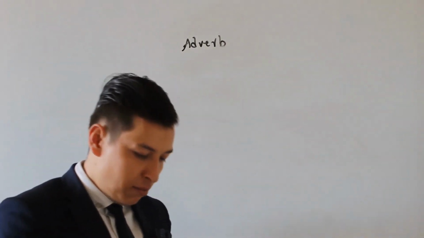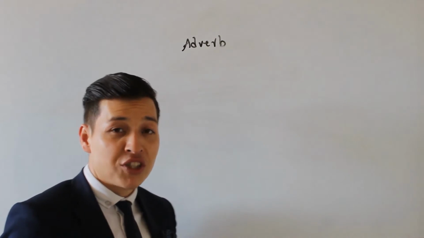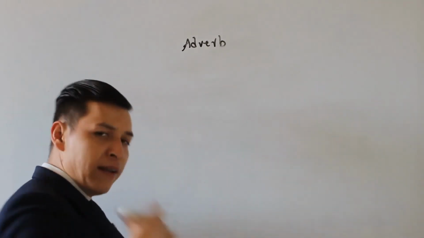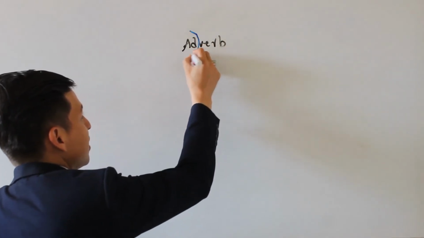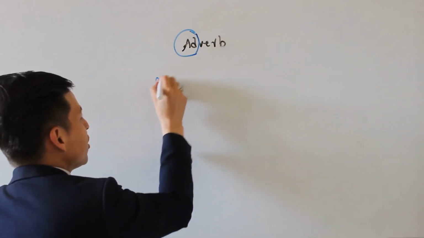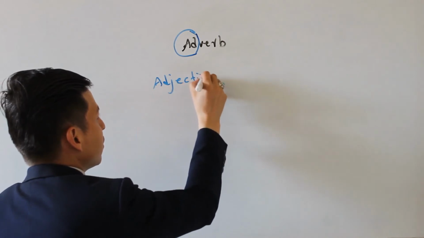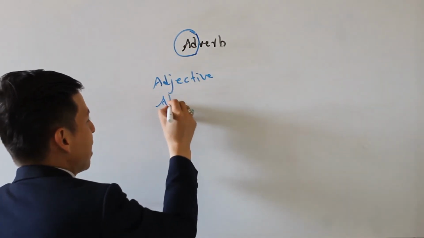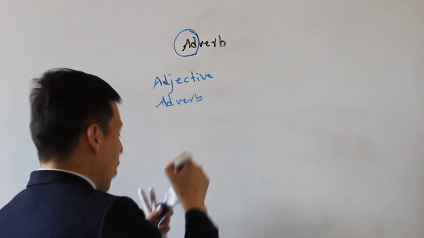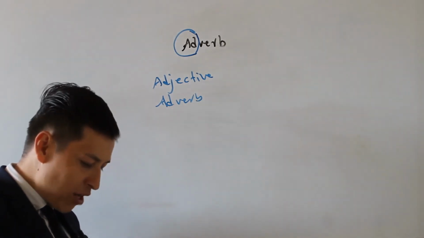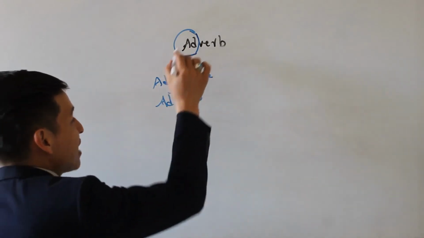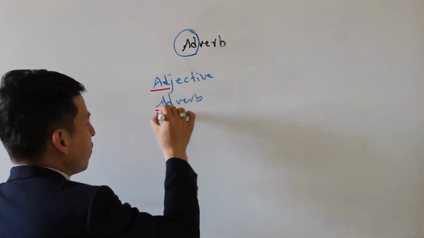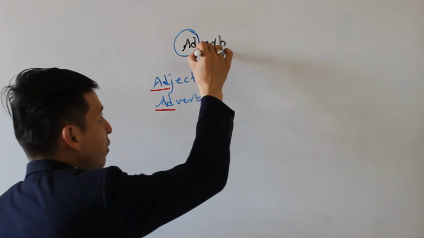Adverb is a word which describes, let's bring an analogy. For example, we divide adverb into two parts. This word ad means adjective, and this ad means adverb. What do I mean by this sort of analogy? This ad means adjective and adverb and verb.